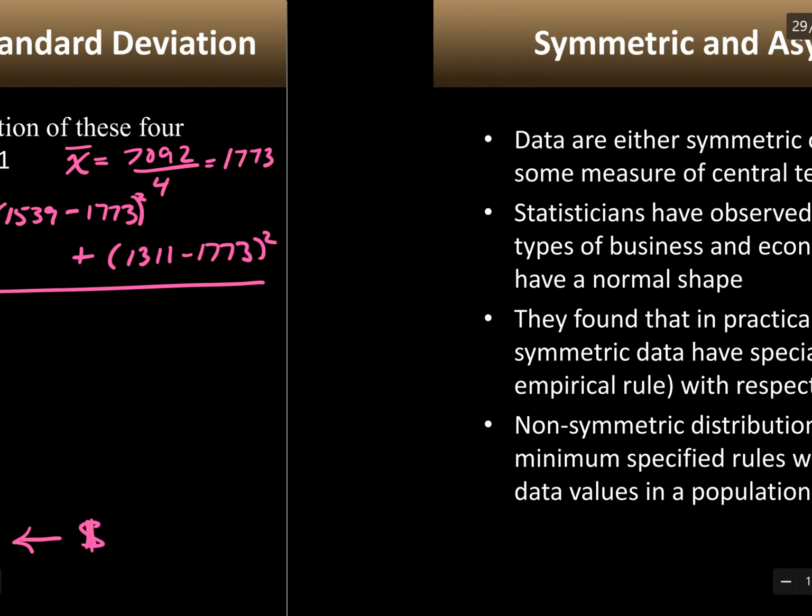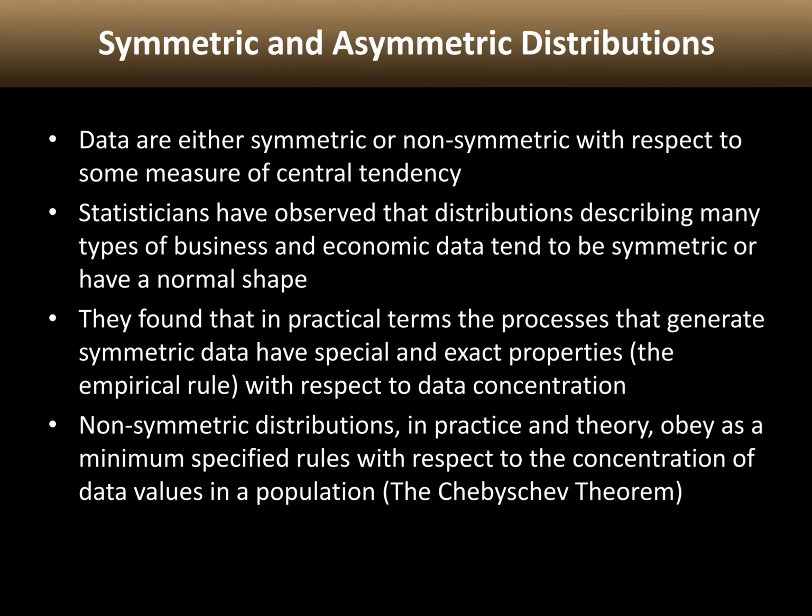Okay, moving on, we're going to look now at symmetry. If a distribution is symmetric, it will look like that, or it could even be rectangular, or triangular, or anything that is symmetric. You can fold it together and it will meet, a mirror image.